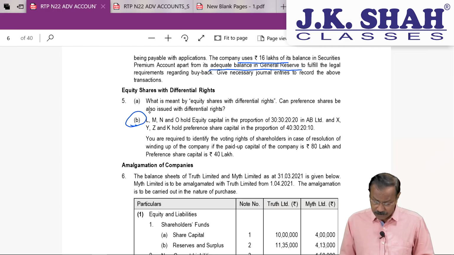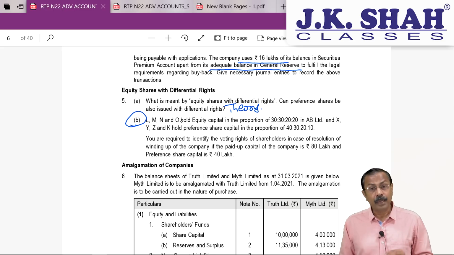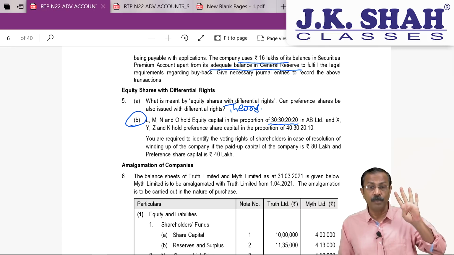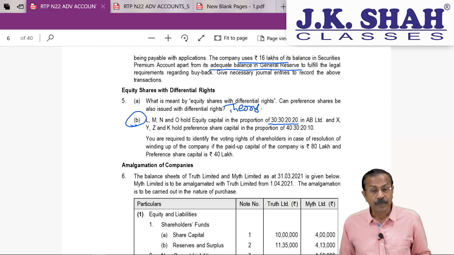5B, this is theory. L, M, N and O hold equity shares in the proportion of 30 is to 30 is to 20 is to 20. There are only 4 equity shareholders. 100% equity shares are held only by 4 shareholders in AB Limited, and X, Y, Z and K hold preference share capital in the proportion of 40, 30, 20, 10.